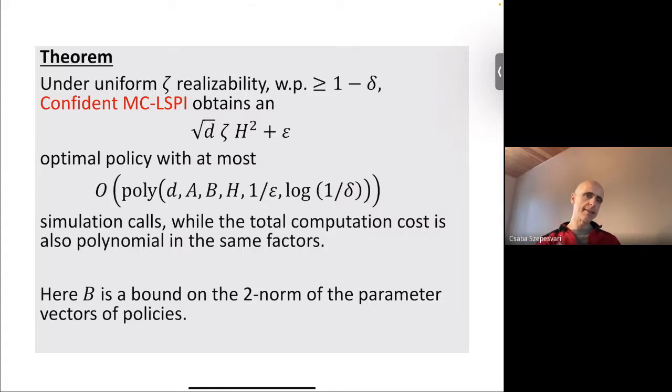So this is the result that we can show, and deliberately I chose not to show the horrible polynomial that is going to be h to the big number, d to the big number, and so on and so forth. One of the things that you may notice in this result, and I think the previous one as well, is this A dependence. A appears everywhere in a polynomial fashion.